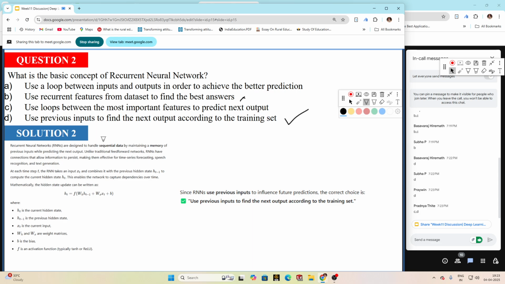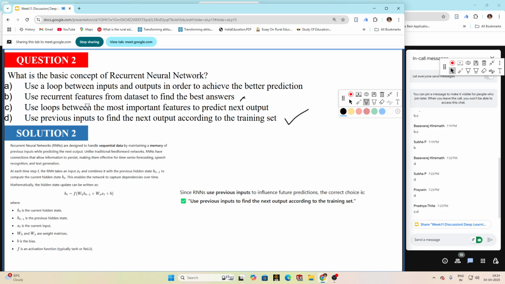Use the previous input to find the next output. Because in the hidden state, the current hidden state depends on the previous hidden state, and that in turn is dependent on the previous input. So option D is the most appropriate option.